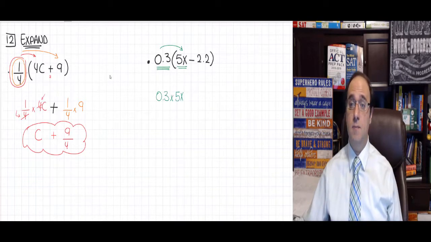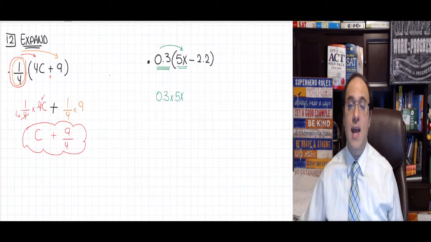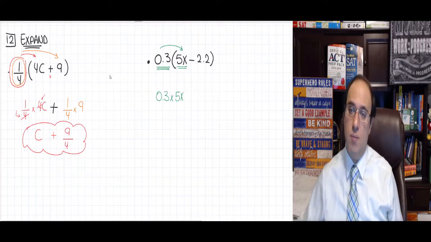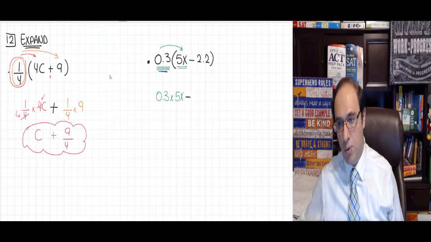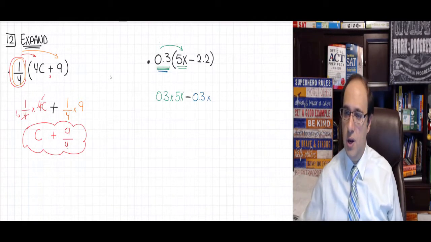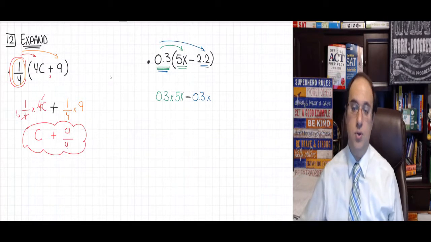Then we take the sign as it is. We had a minus, so the minus stays as it is. We take this number, 0.3, and we multiply it by this number here, 2.2.